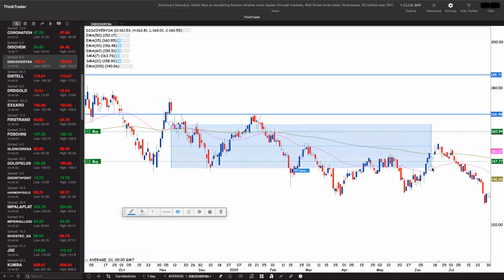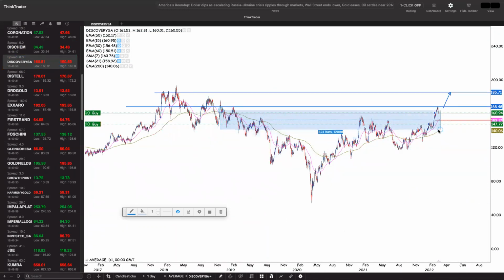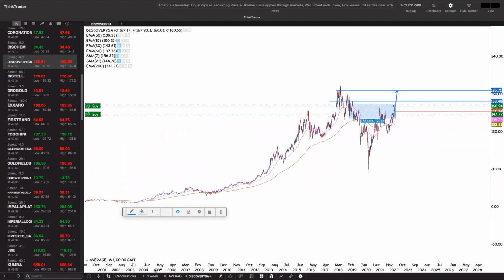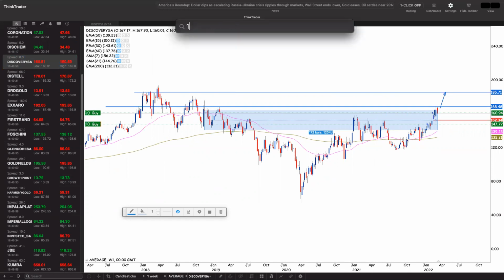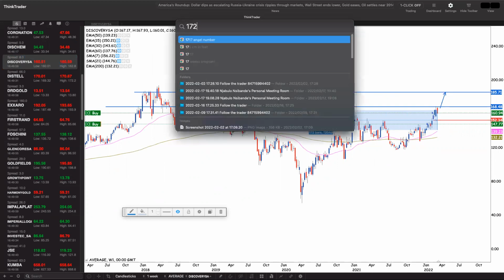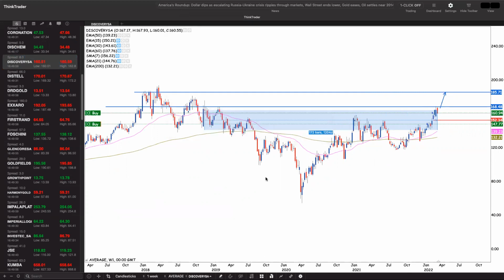Let's make this a weekly chart so that we can get this number better. 172 weeks, divided by 52, gives us 3 and a bit years. So they've been sitting at a loss for 3 years, and they finally have a chance to get out of the position even. What do you think they're going to do?